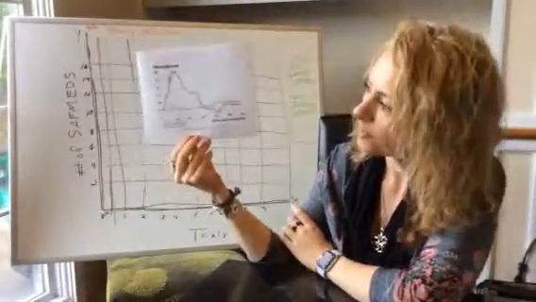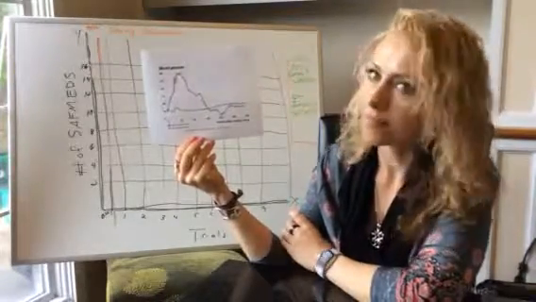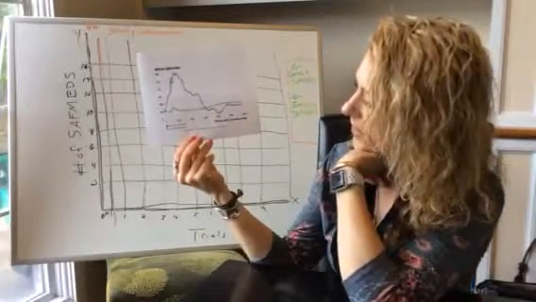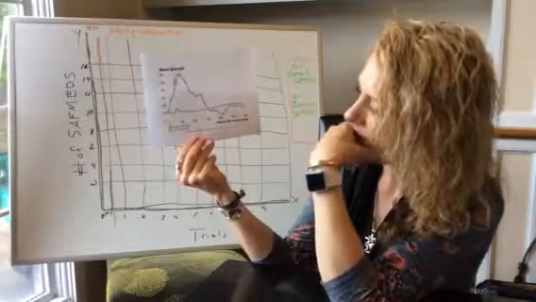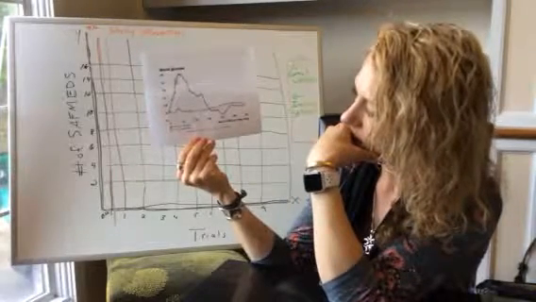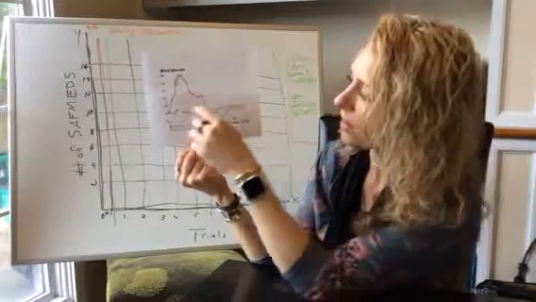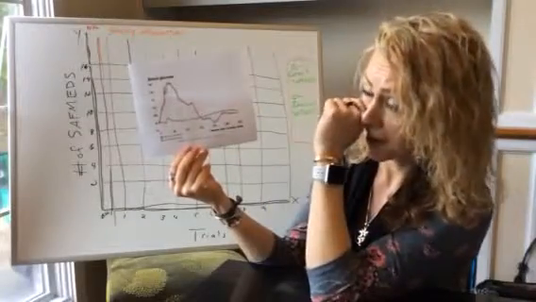How about this one? What's the title of our graph here? Blood glucose. Good. And this says minutes after starting eating. It looks like this has some variability in it, right?